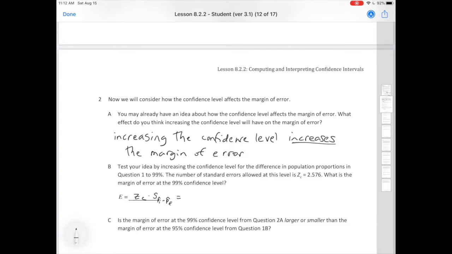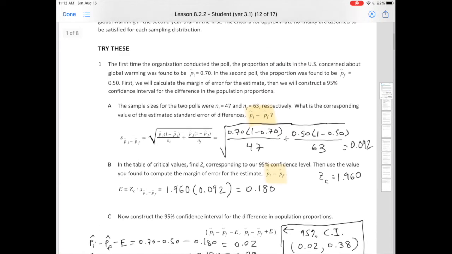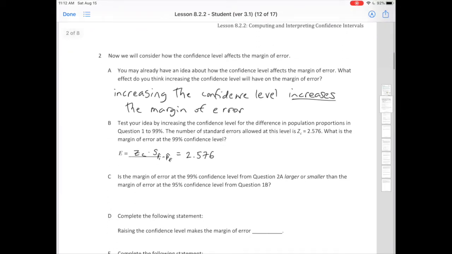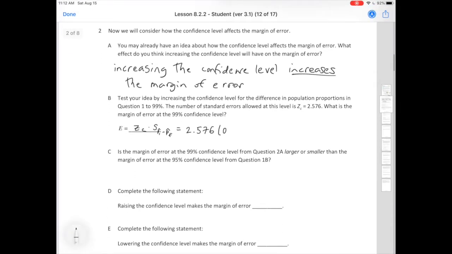So what do we get when we multiply these? It's 2.576, and then we're going to multiply it by, let me remind you guys of what that is, that's 0.092, right? So if we multiply those in our calculator, we end up with 0.237.